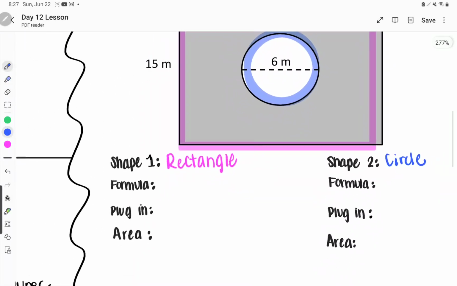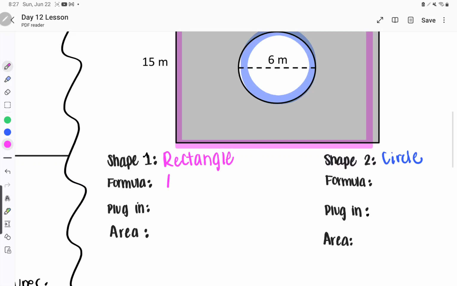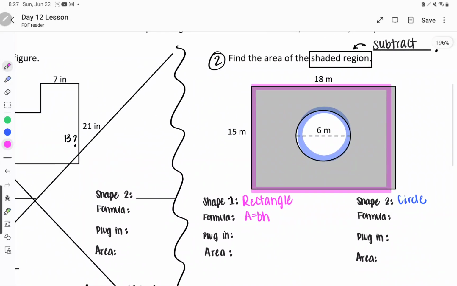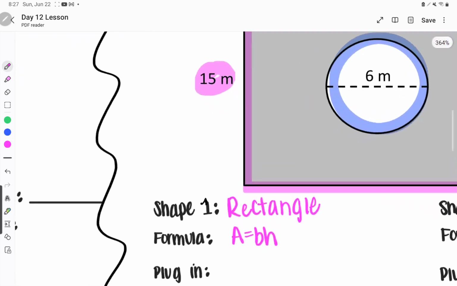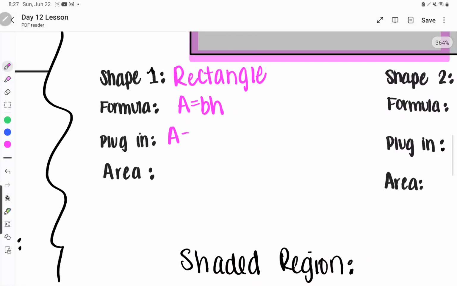Now we just write down our area formula. The area formula for a rectangle is area equals base times height. Looking at my rectangle, my units are 15 and 8. So I would do area equals 15 times 8, and I would find that the area equals 270 meters squared.